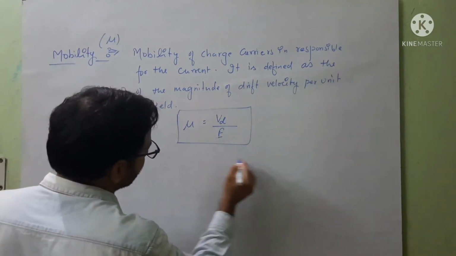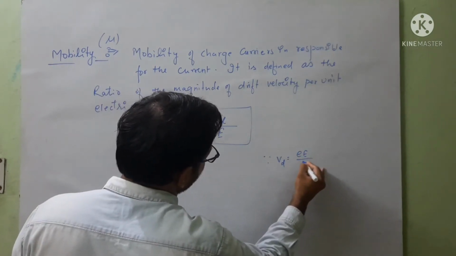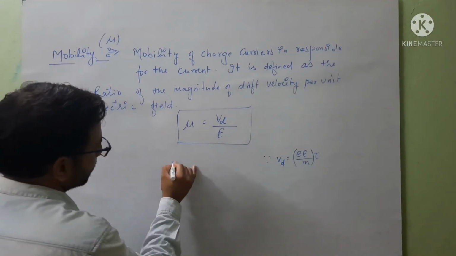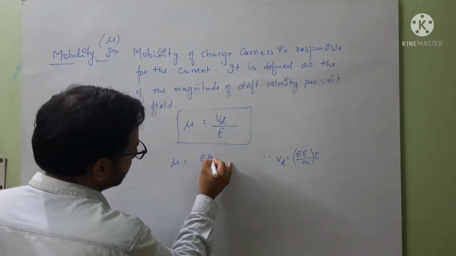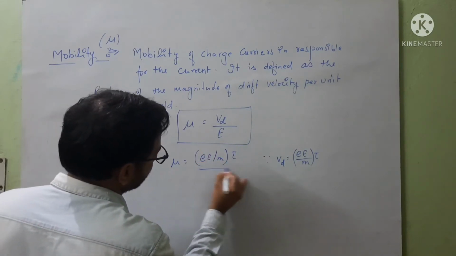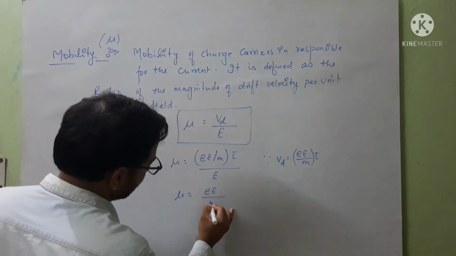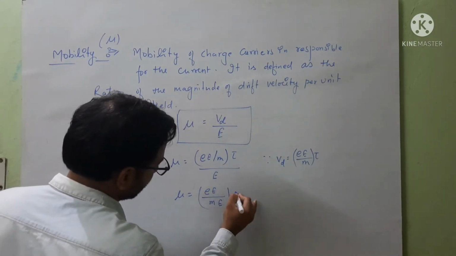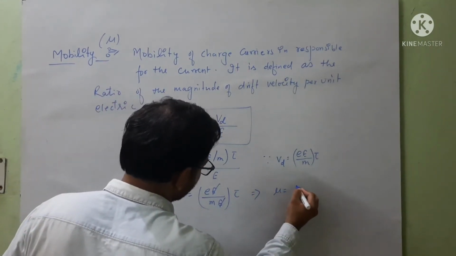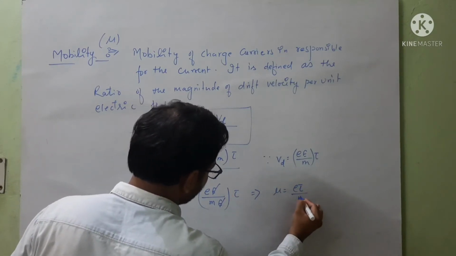other formula is, since we know that Vd is equal to E over m of tau, by the previous relation we can write mu is equal to E over m of tau upon E. So from this relation, E to E cancel, we can write mu is equal to E tau over m.